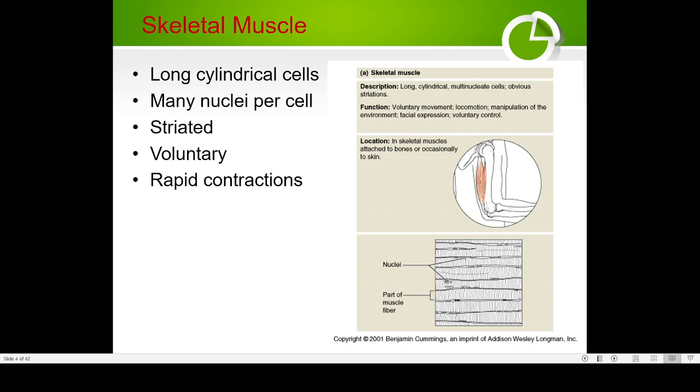So these muscles are under the direct control of our will or desire. According to our will, we can control the movements of this muscle, and they are known as voluntary muscle. That is one peculiarity of skeletal muscle.